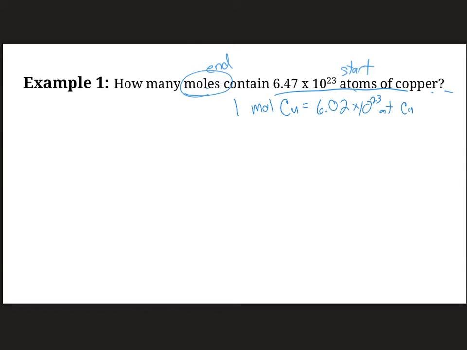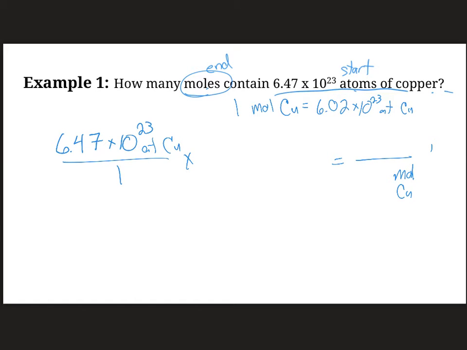So then to start my dimensional analysis, I start with my 6.47 times 10 to the 23rd atoms of carbon, and I'm going to end with some number of moles. Moles of copper. I might have said carbon, should be copper.